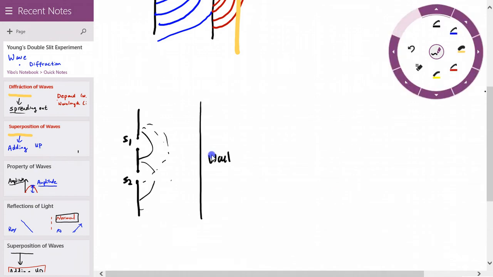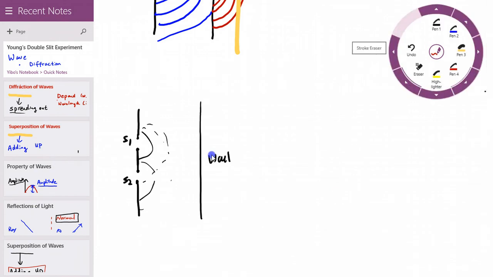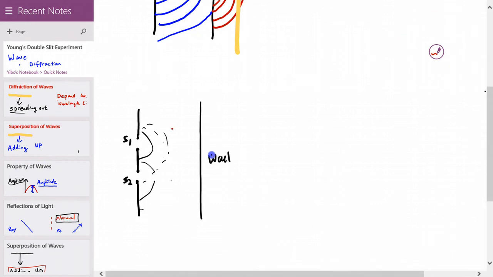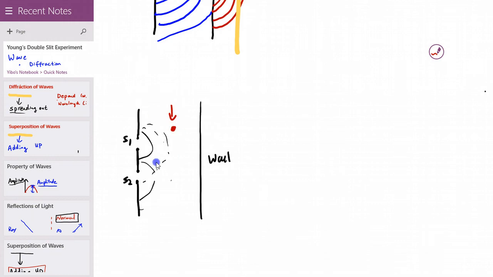Now, if I'm standing at any point, say here, what Thomas Young discovered is a way to figure out, at this certain point, whether the two waves meet constructively or destructively.